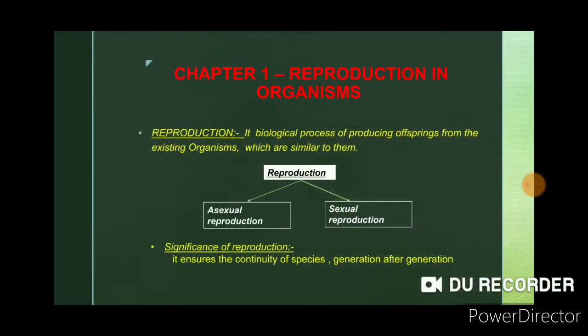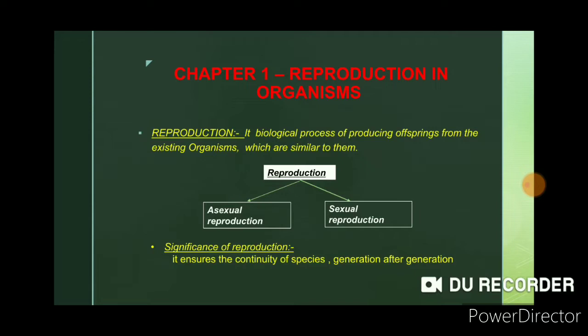Let's begin with chapter number 1, reproduction in organisms. Reproduction is basically a biological process of producing offsprings, new progeny, new organisms from the existing organisms, which are more or less similar to the parent organisms. What does it actually mean?